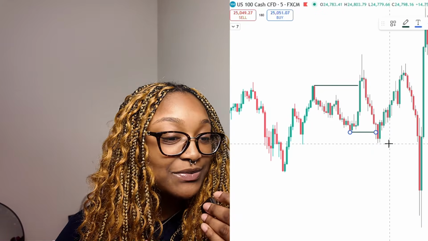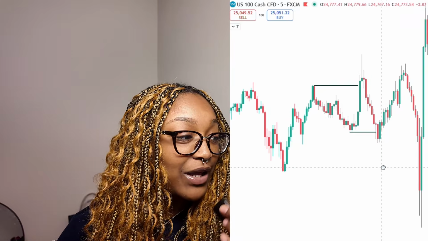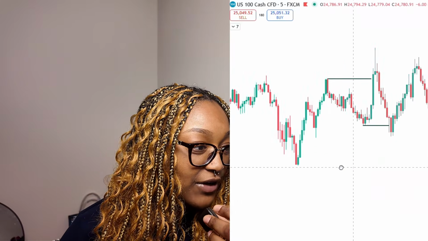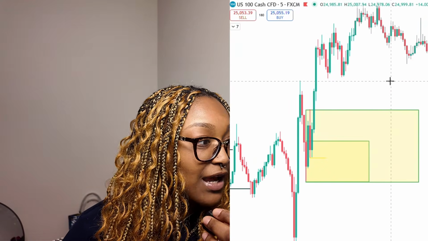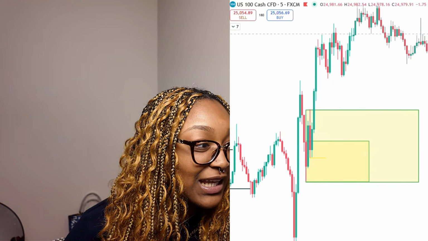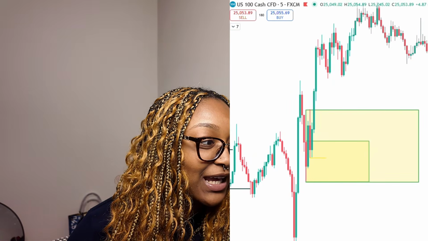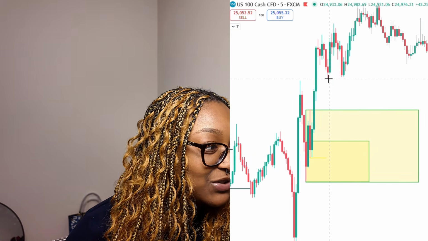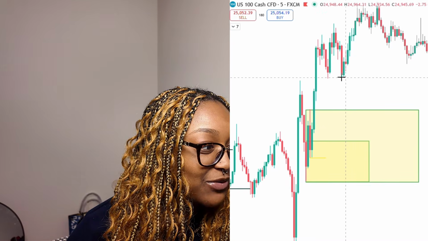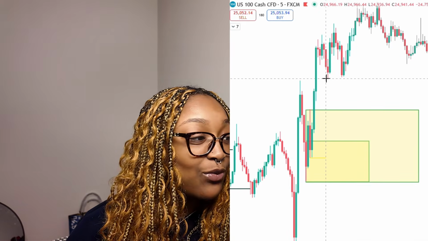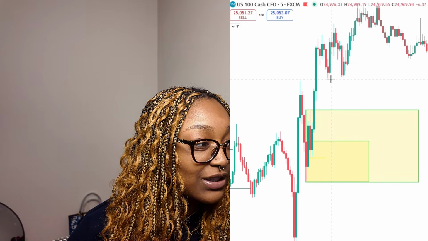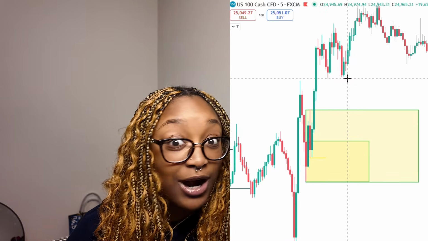That's previous lows. Now, equal lows, let's see if I can find equal lows. Now, this isn't completely equal right here, but it's close enough, so we're just going to use it. So this low right here and this low right here. Typically, equal lows are literally almost the same price.